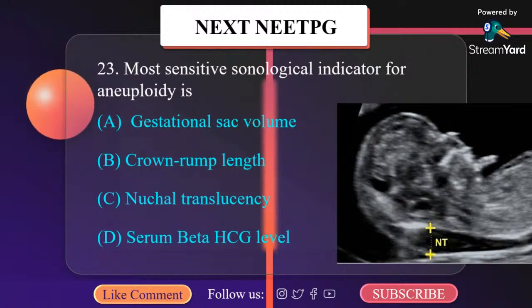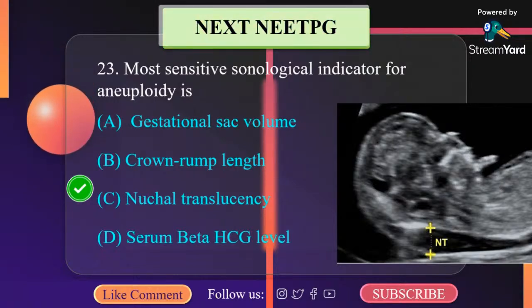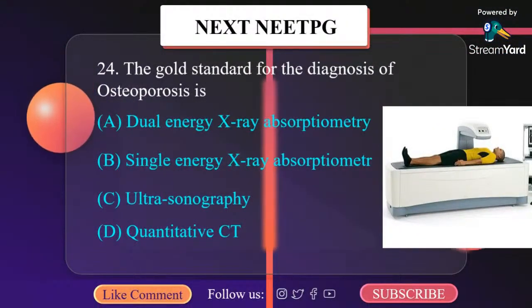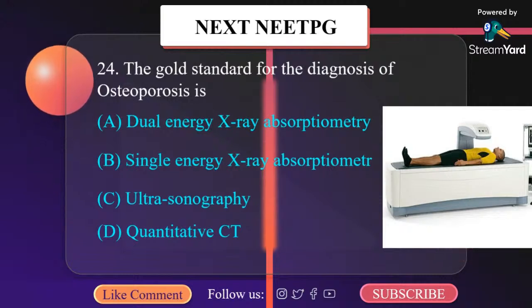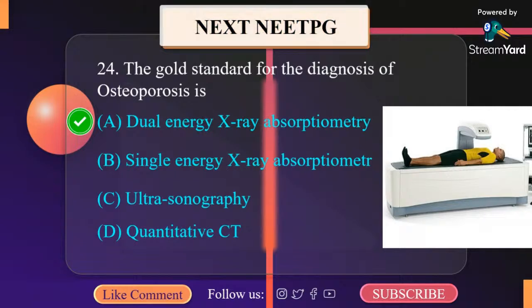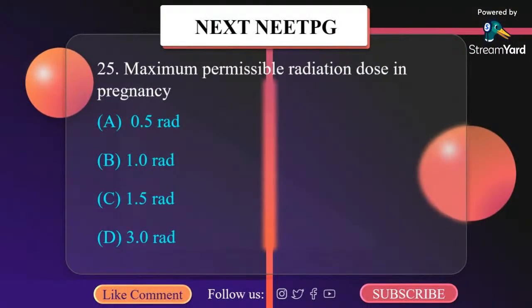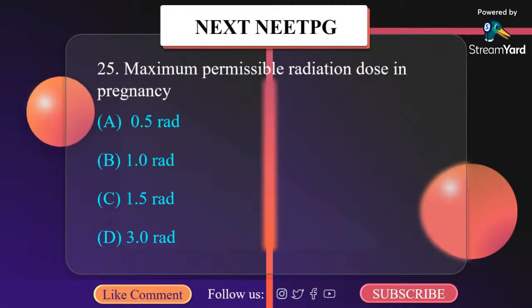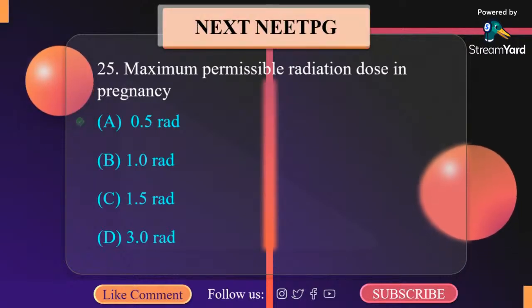It is nuchal translucency. The gold standard for diagnosis of osteoporosis is A. Dual energy X-ray absorptiometry, B. Single energy X-ray absorptiometry, C. Ultrasonography, D. Quantitative CT. It is dual energy X-ray absorptiometry. Maximum permissible radiation dose in pregnancy is A. 0.5 rad, B. 1 rad, C. 1.5 rad, D. 3 rad. It is 0.5 rad.